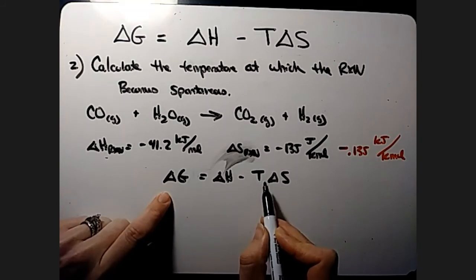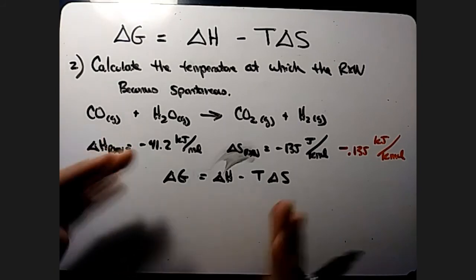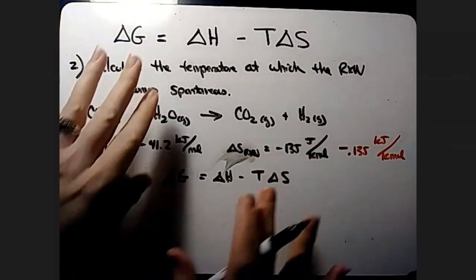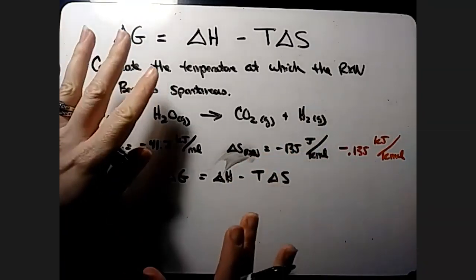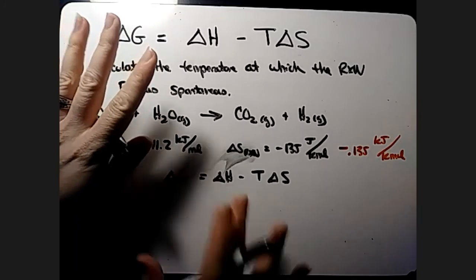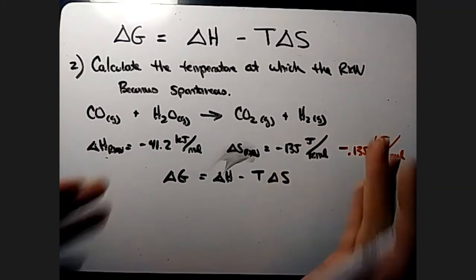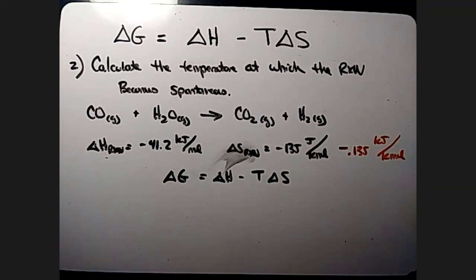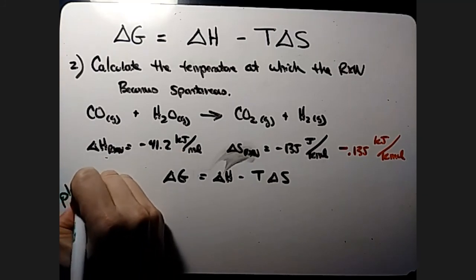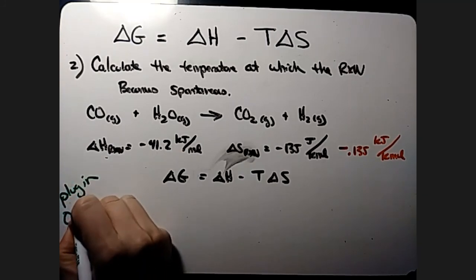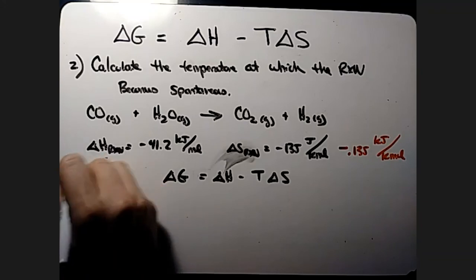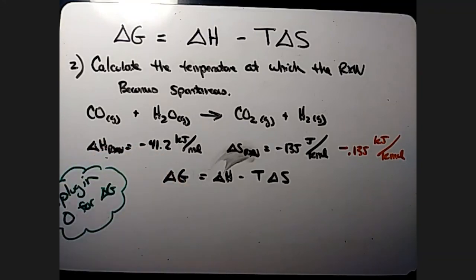Well, again, the delta G value, that magical switching off between the reaction being spontaneous with negative delta G values or non-spontaneous with positive delta G values, there's only one value left, and that's 0. So the big thing to remember about this style of equation is to plug in 0 for delta G. So if you're asked to calculate a temperature, you want to plug in a 0 for that delta G.